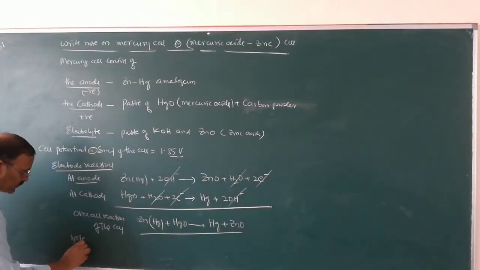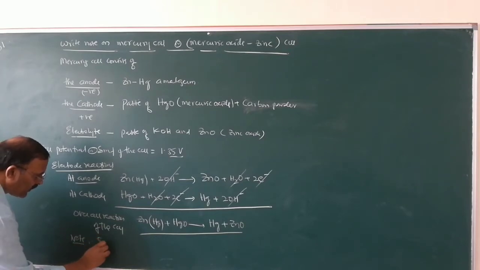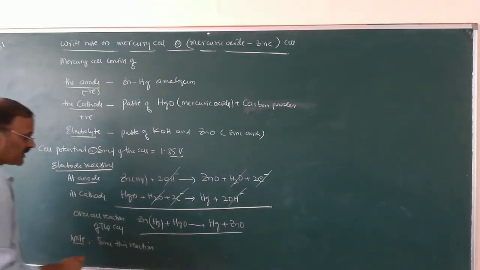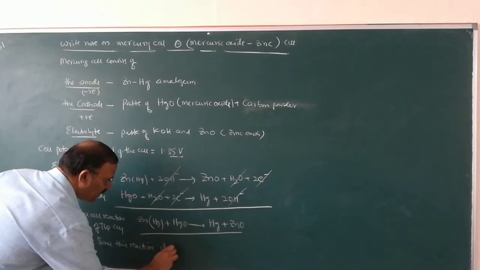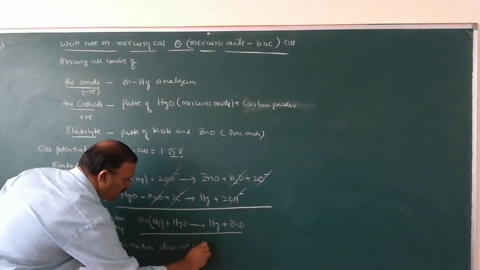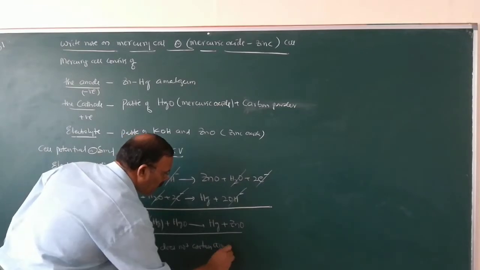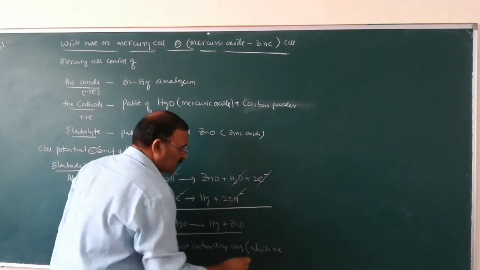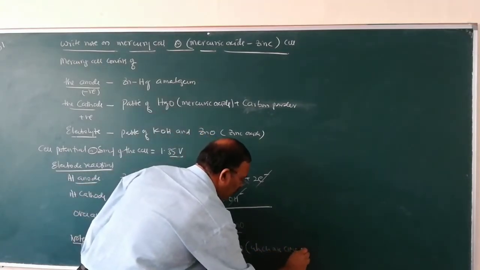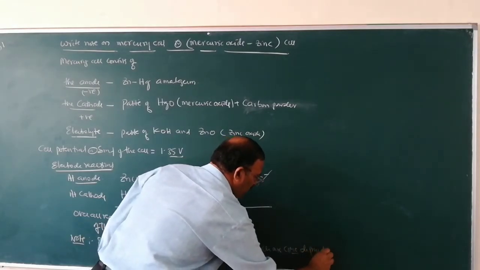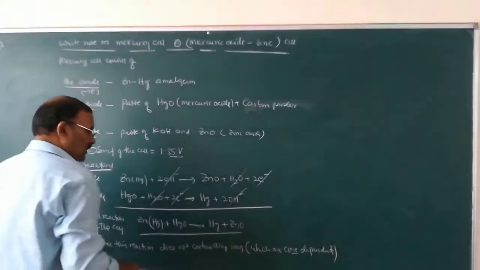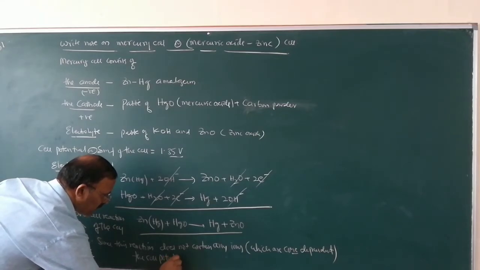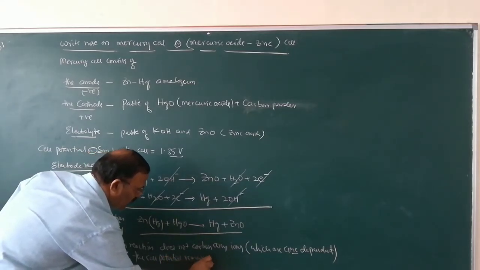So note, since this reaction, meaning cell reaction, does not contain any ions in brackets which are concentration dependent, the cell potential remains constant.